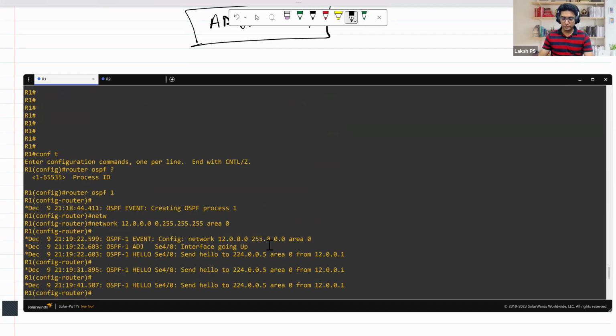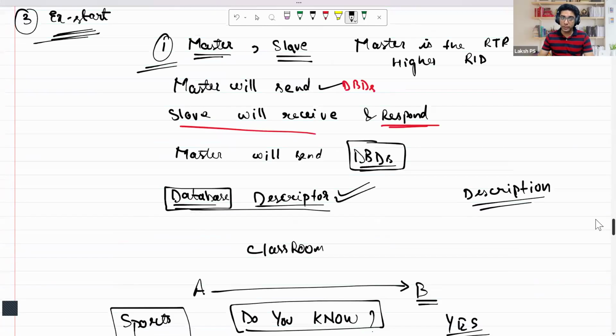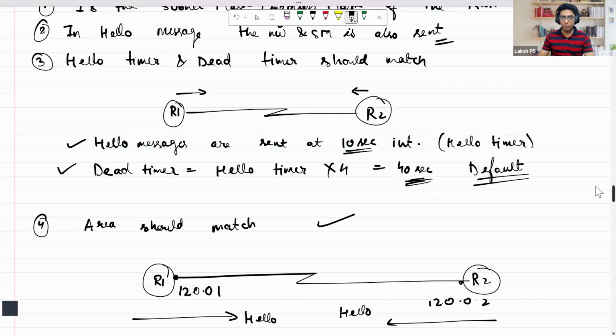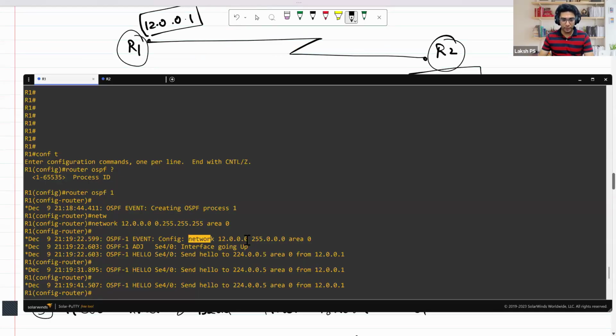So the first purpose that we discussed, that the network command is used to advertise a particular network through the network command and wildcard mask combination, happened right now, and you can see that in the debug output as well. This particular network is advertised through this interface, because this interface has an IP address of 12.0.0.1. That is why through this interface, OSPF is advertising this particular network.